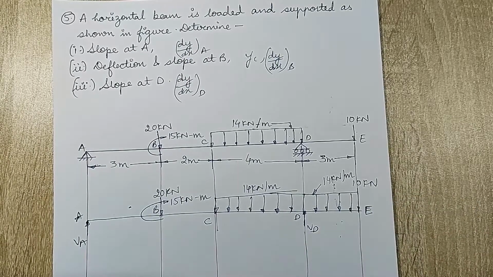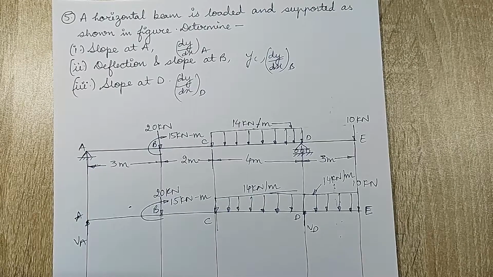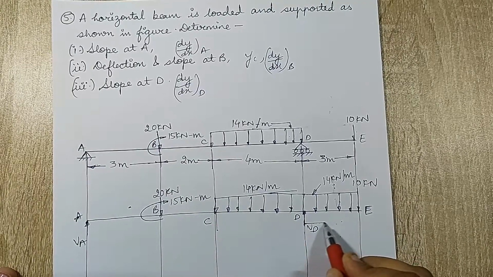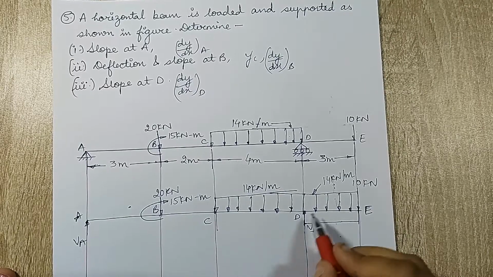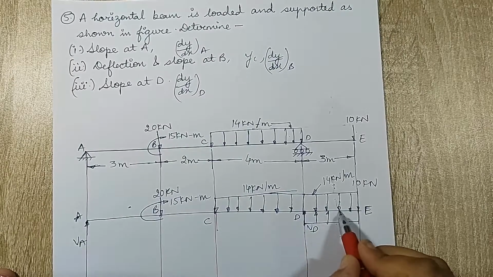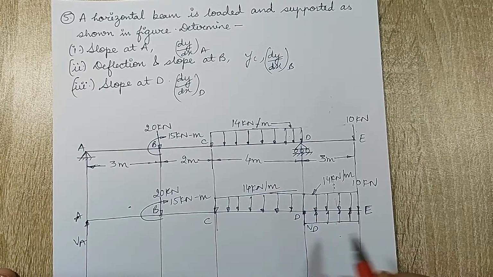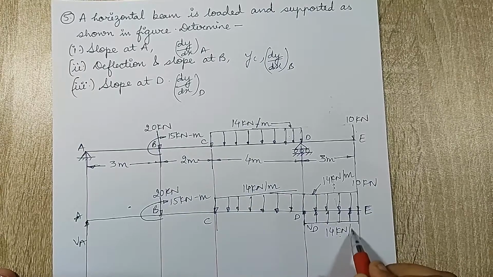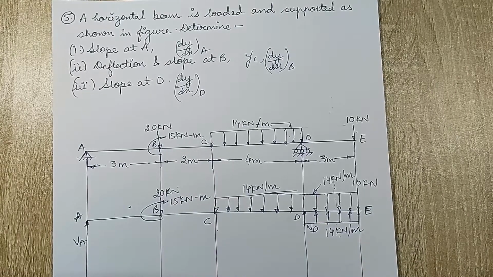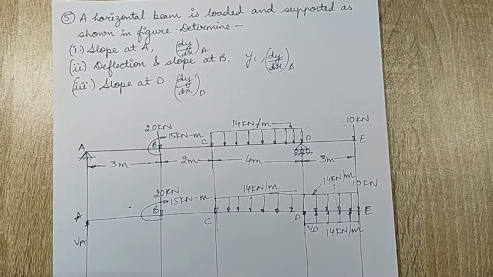I am solving a question. I am not entitled to change the question at my will. So what I can do is I am going to add a UDL from below as well, which will be of 14 kilonewton per meter. So this is how the change is supposed to be made on the beam.